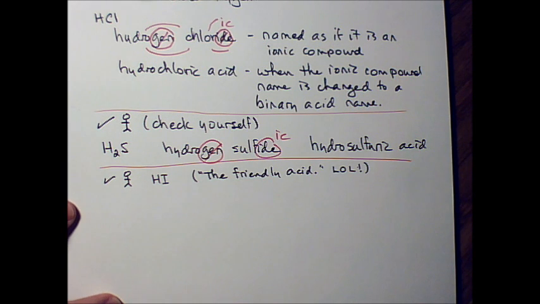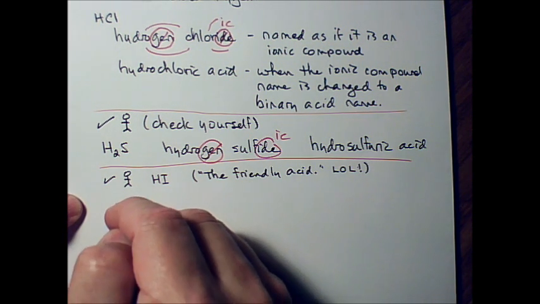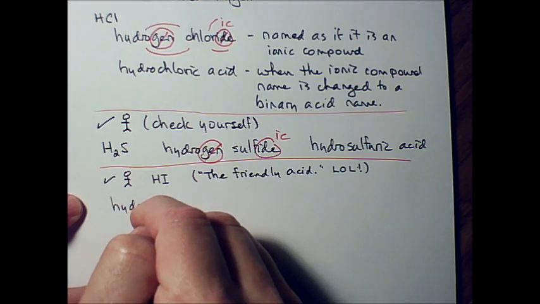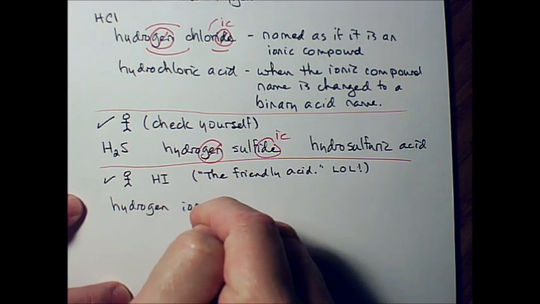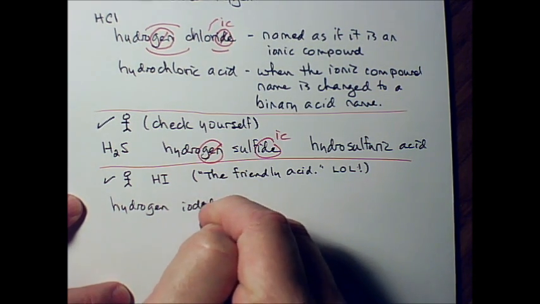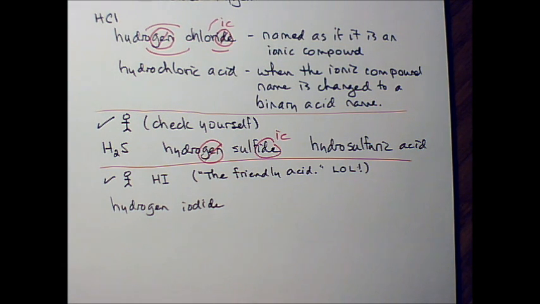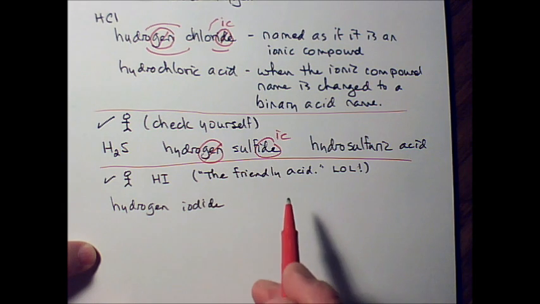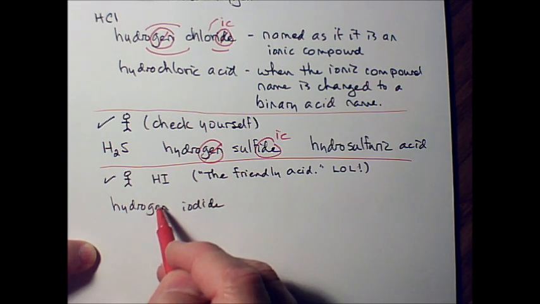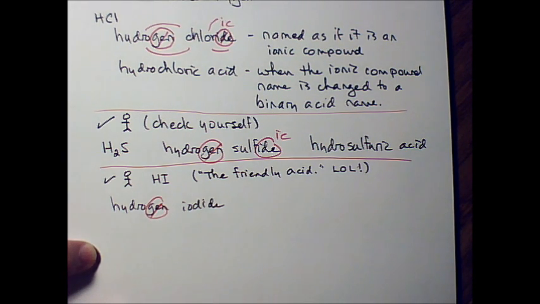Okay, Nafisa, name this like it's an ionic compound, please. Hydrogen iodide. All right. Jasmine, what is one thing I'm going to do when I change this into an acid name? Take off the GEN. Okay.